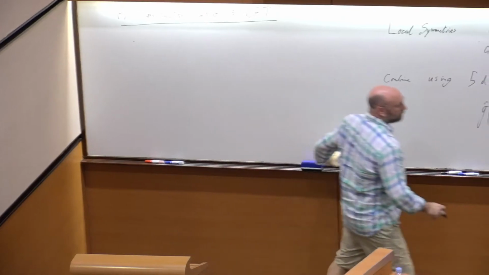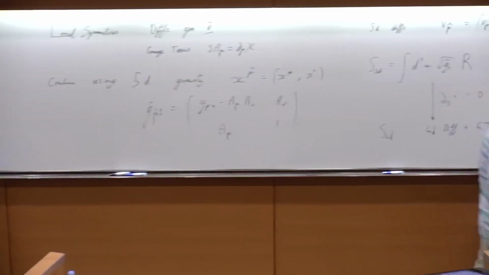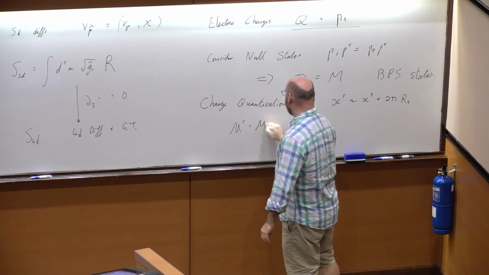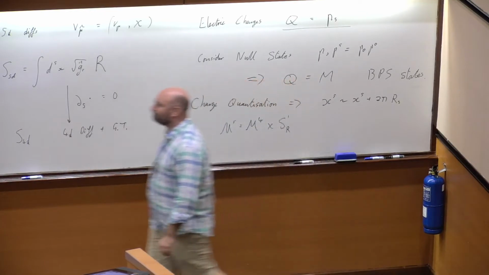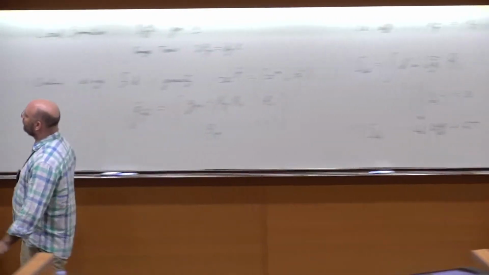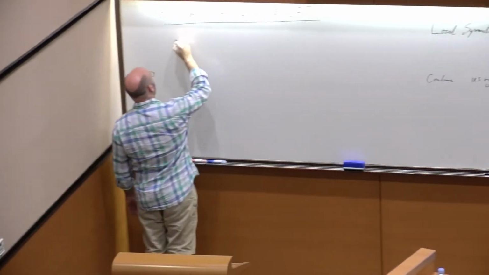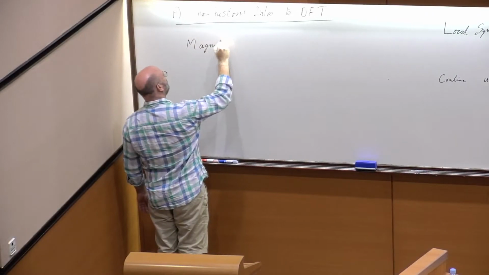So let's say the conclusion by the time we got to here was that our 5-manifold was M4 cross S1 of some radius r. And then you go and you ask instead now for magnetic charges.